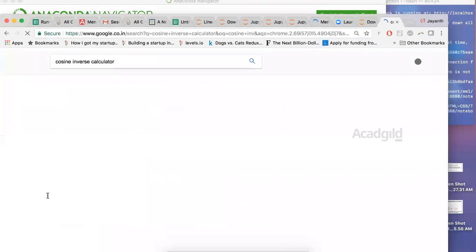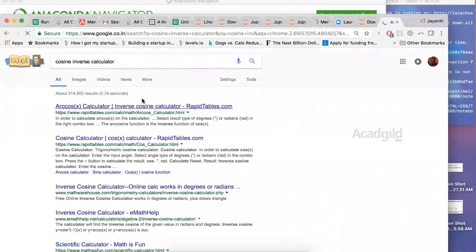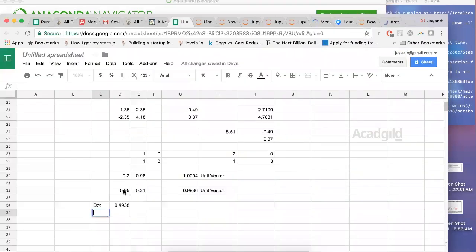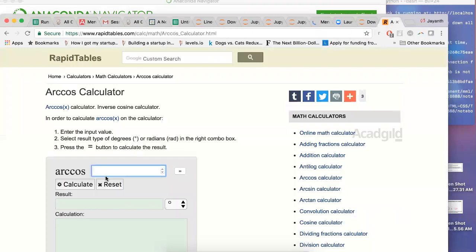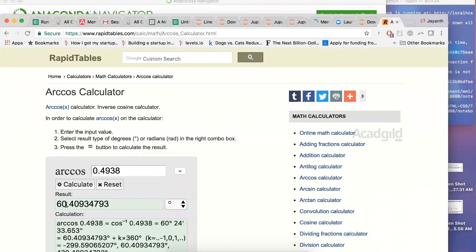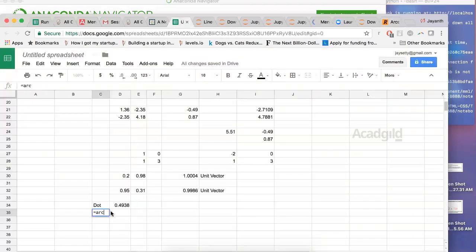So now that I have the value, I put in this value 0.4938, and I get the angle, 60.4 degrees.